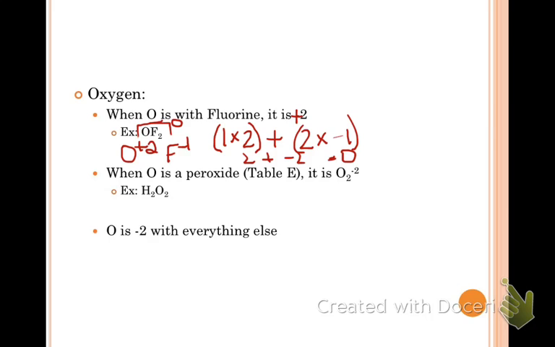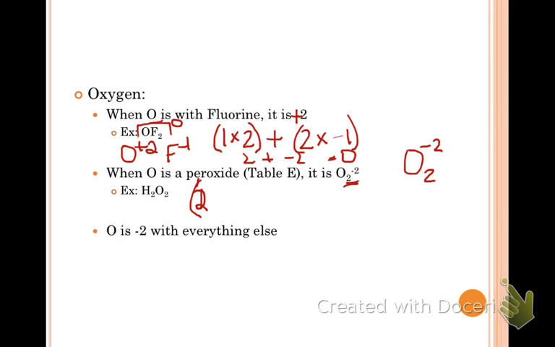The next rule for oxygen is as a peroxide. So peroxides from Table E, you've seen hydrogen peroxide. In fact, that's an example down here. It is O2 2-. So we're used to each oxygen being -2, but in this case, the peroxide, there's going to be 2 of them in there. So let's take a look at the hydrogen peroxide down here. We have 2 hydrogens.